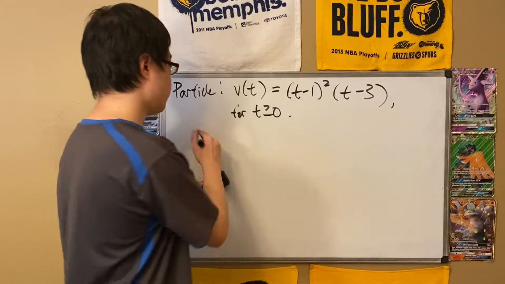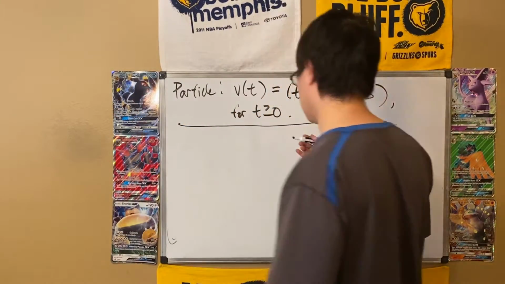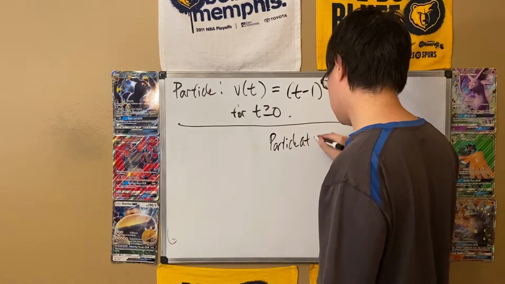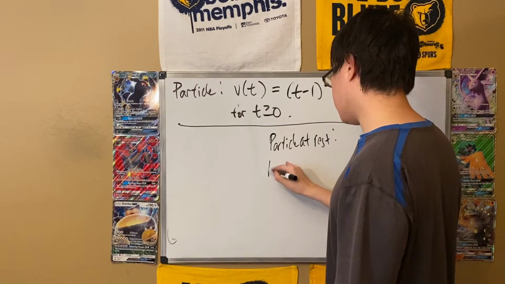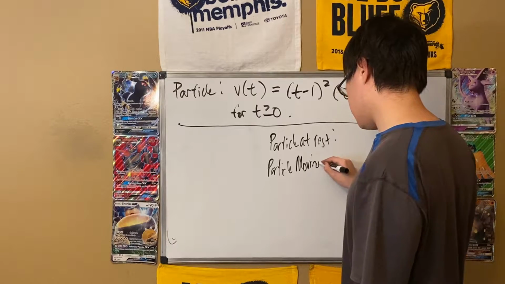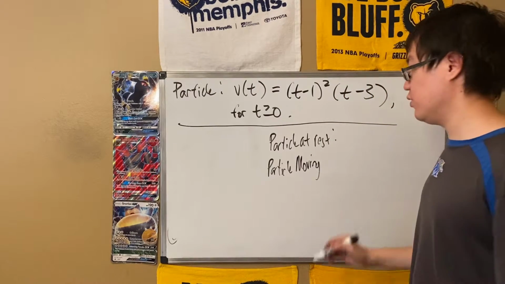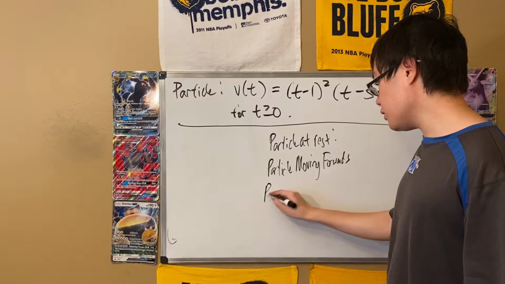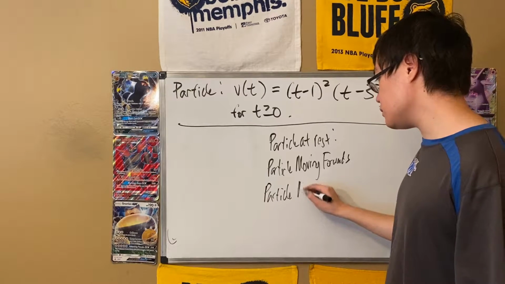In this case, what we want to answer is when is the particle at rest? When is the particle moving forward? Because again, direction matters with velocities. When is the particle moving backwards? The opposite.